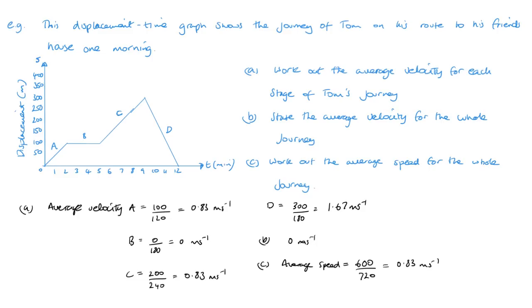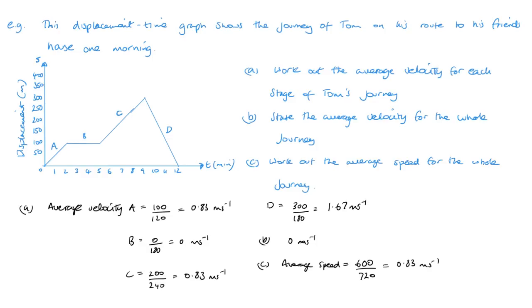Okay, so hopefully you can see the difference between the velocity and the speed and how to work them out. It is just the gradient of the straight line. Just like if you had the equation of the line, you could differentiate, couldn't you?